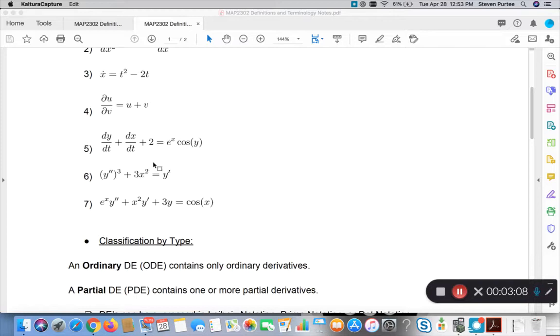Number 6 here is a second order DE. And you're like, but there's a cube. No, that cube is a power on this derivative. This is the second derivative cubed. The highest derivative we have here is 2. This is a second order differential equation.